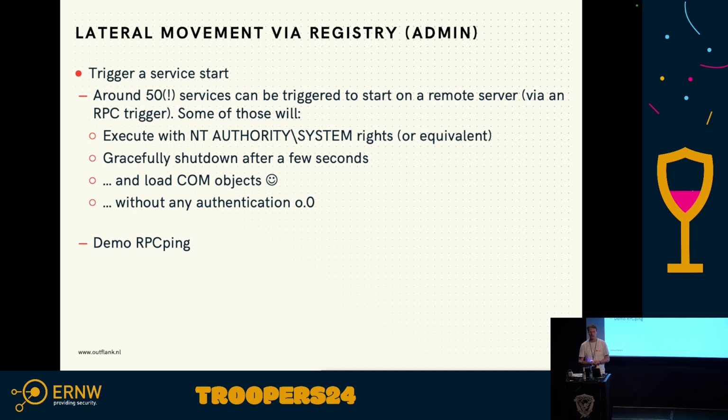As a regular domain user, you just send an RPC ping, and that service will magically start with SYSTEM rights or equivalent, or it might be running as network service, but then you use a potato exploit, and you get SYSTEM rights too. These services will also shut down afterwards. They will load that COM object without any form of authentication whatsoever, besides sending that ping out.